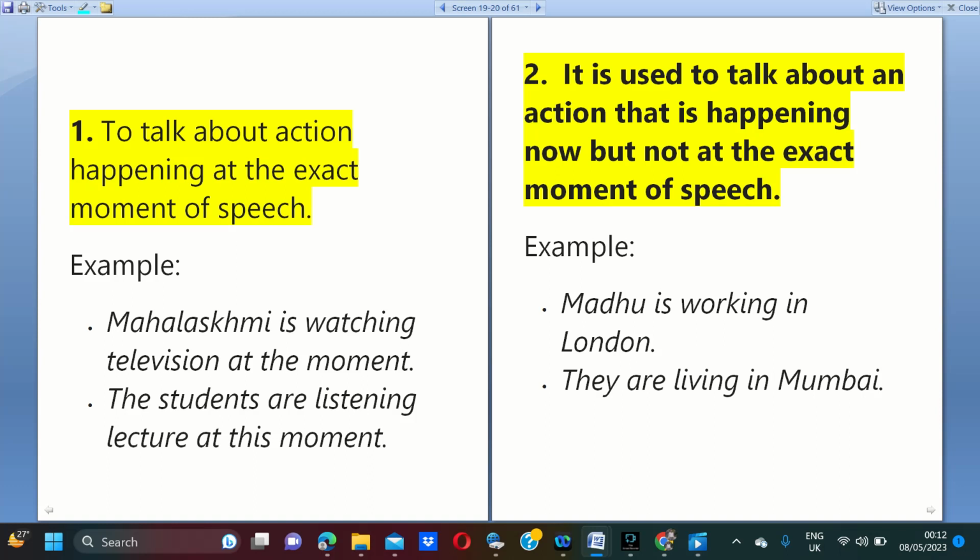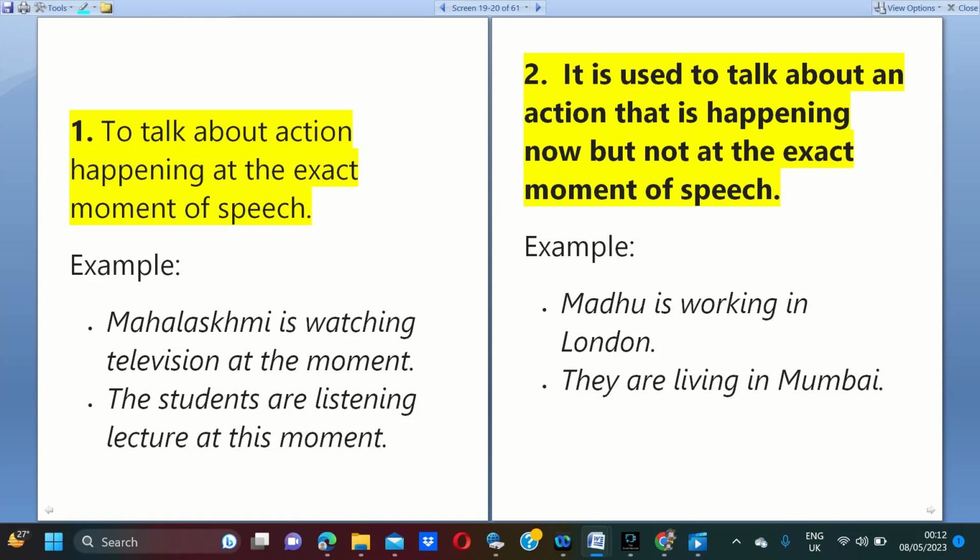Mahalakshmi is watching TV at the exact moment of the speech. While I am speaking, she is watching television. Students are listening to the lecture at this moment. Here also, while I am speaking, they are listening. So I can say that the students are listening to the lecture at this moment.